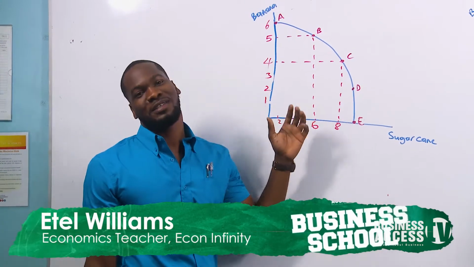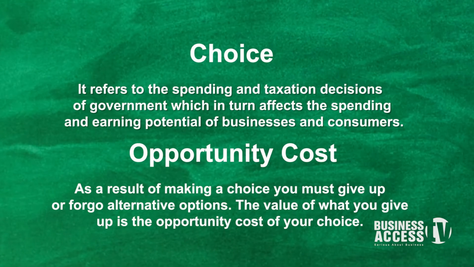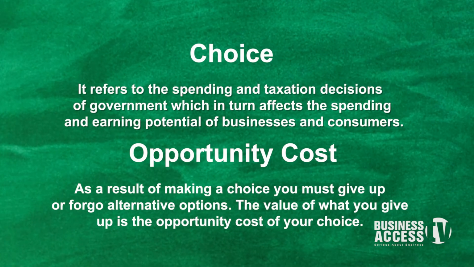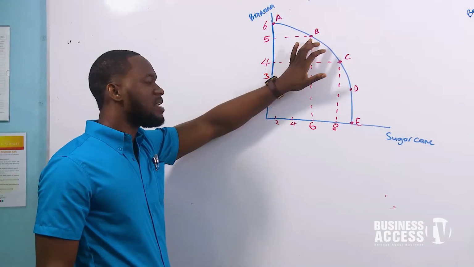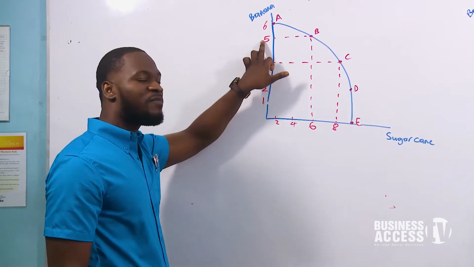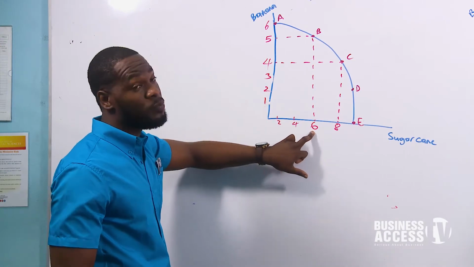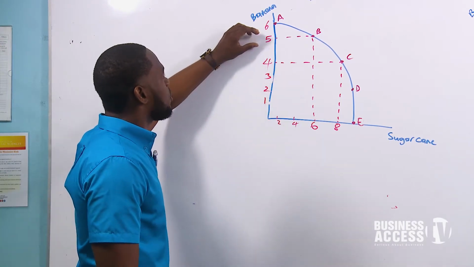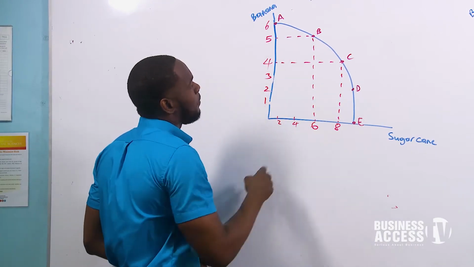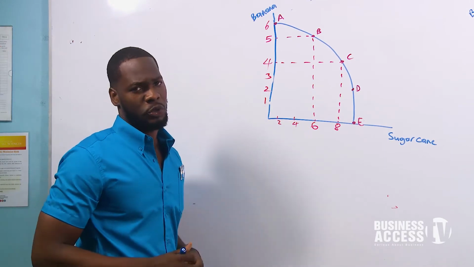Now, the question also asks us to look at opportunity cost using the PPF. And this graphical example is a tremendous example, because what we see here at point B, the country is consuming 5 bananas and 6 sugarcane. It could be kilos, grams, whatever. Now, imagine that the country needs some more sugarcane.